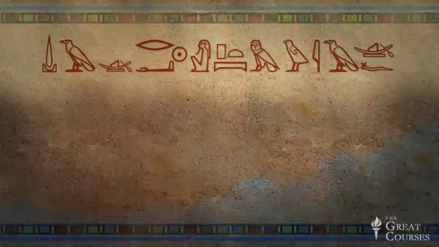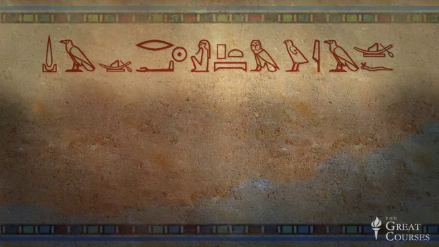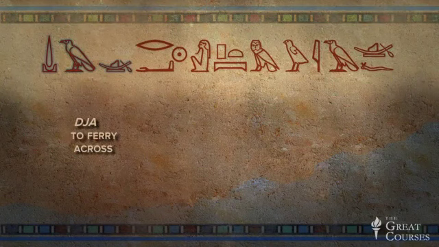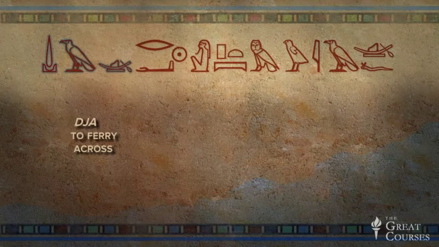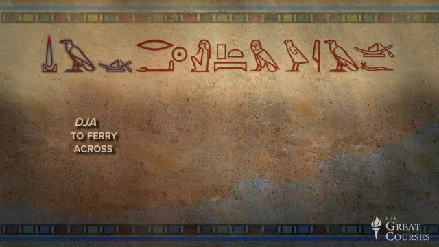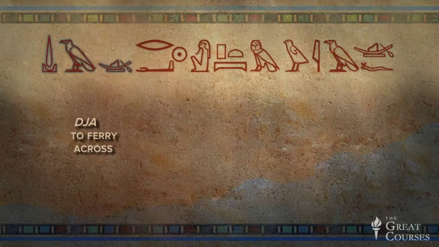Our next sentence had a mythological overtone. We have our verb, dja, which has the dja biliteral that represents the two sounds, dj and a. The vulture is the phonetic complement that reminds us of the ah sound. The boat's the determinative, telling us the word has something to do with boats.